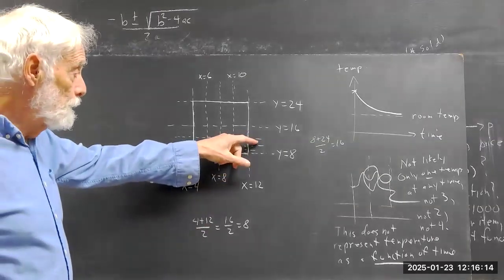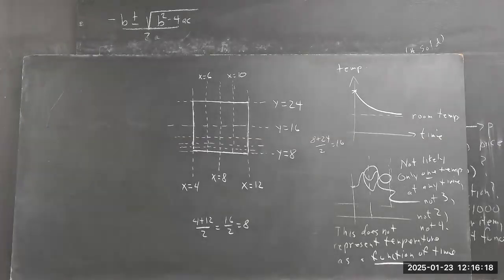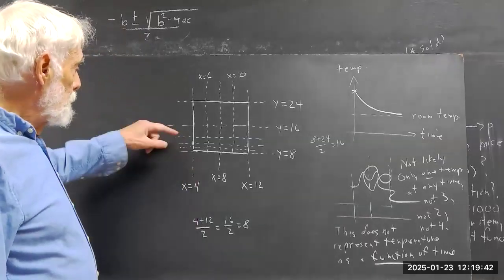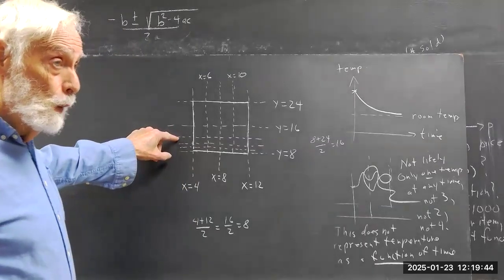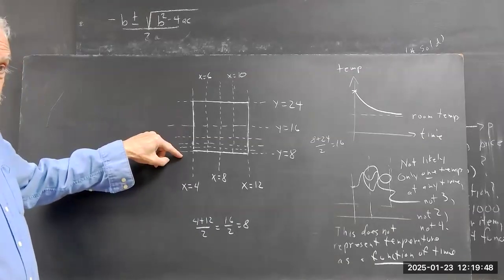Can you figure out what these three numbers are? Think about the rule for constructing the lines, twice as close and all that stuff. Okay, let's start with this line. Where's that line? It's halfway from here to here.